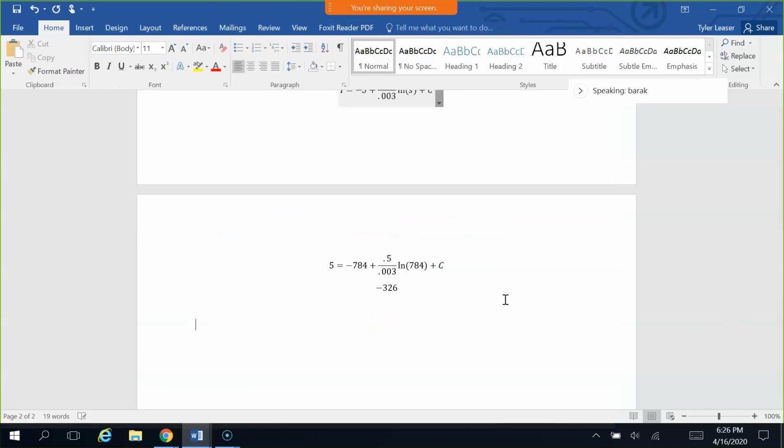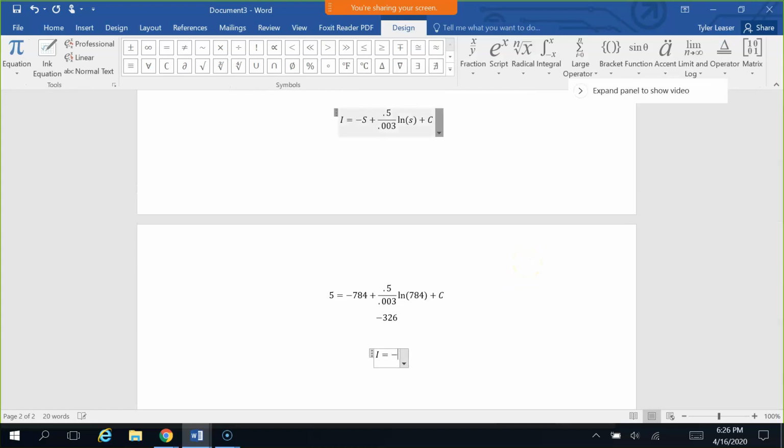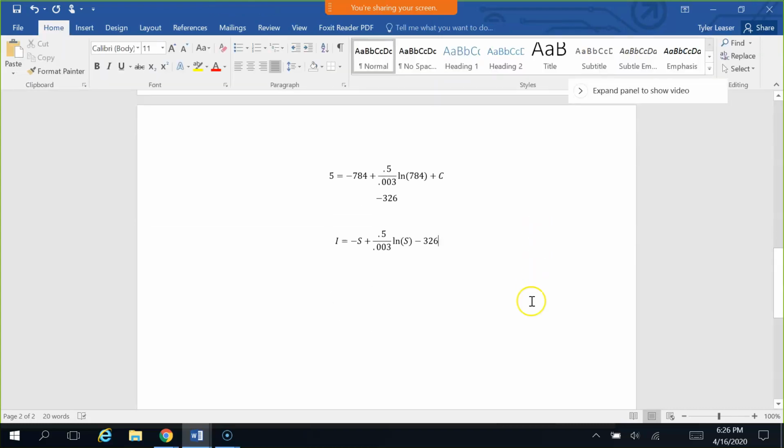Okay, and that's it. So that means that we have our solution. I is negative S plus whatever this is, natural log of S, minus that 326 number. So this is the equation of that graph that we selected for D.